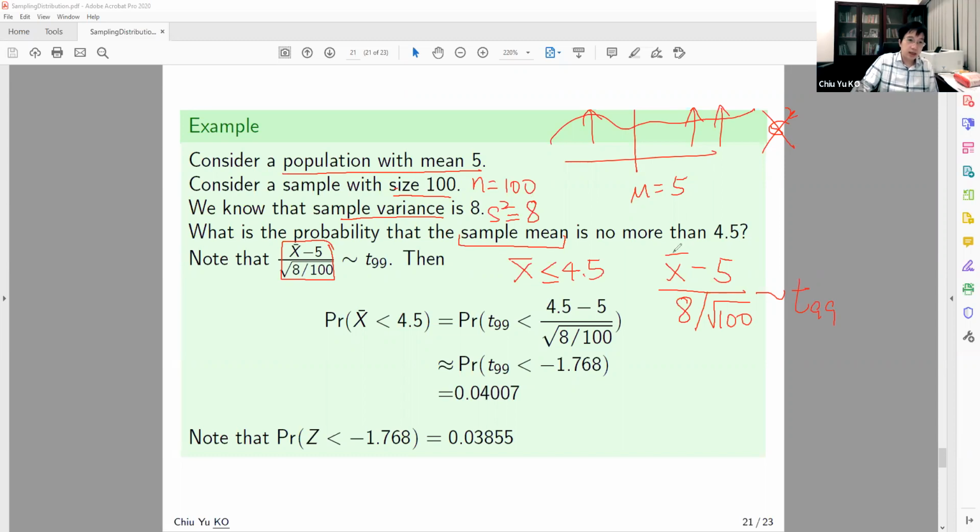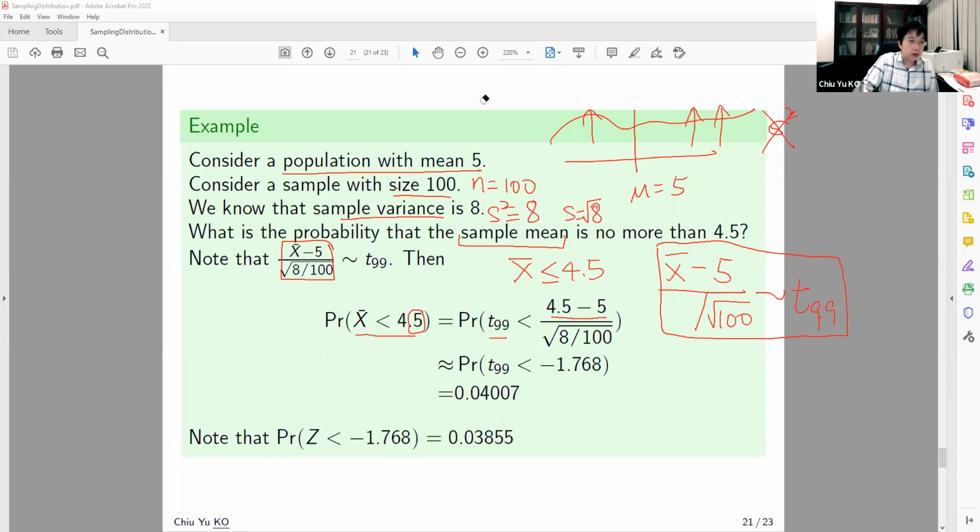We haven't proved this result, but we'll talk about a proof next class, in the last 2 slides. That means asking this question is equivalent to subtracting 5, and do note that your slide forgot the 0.5, and dividing by S, where S is the square root of 8.